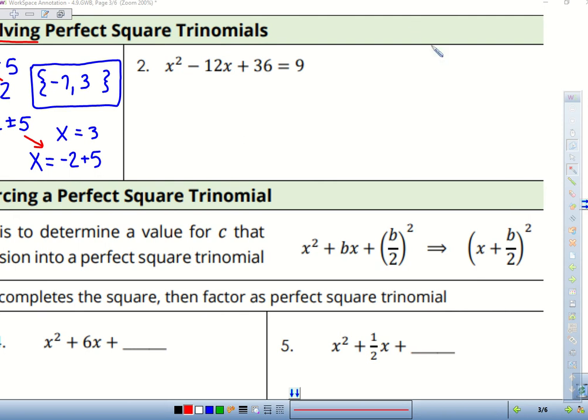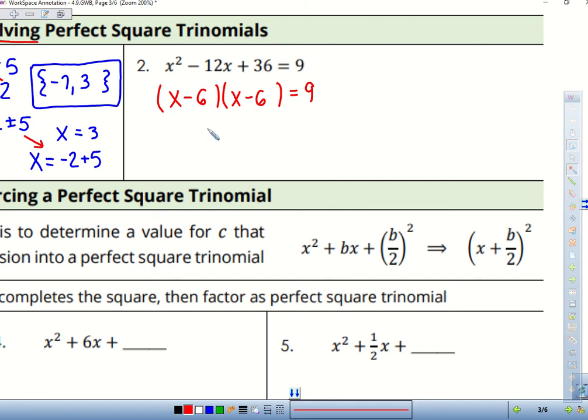Okay, so for this question, we're looking to see what we can do to factor this. What are factors of 36 that add up to negative 12? Negative 6 and negative 6. Good. The whole idea of a perfect square trinomial is it's always going to factor into 2 identical binomials, okay?